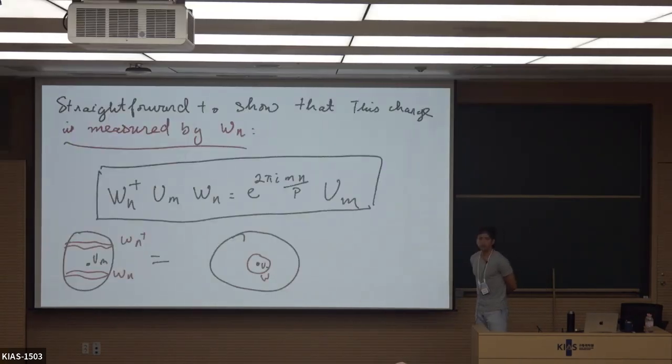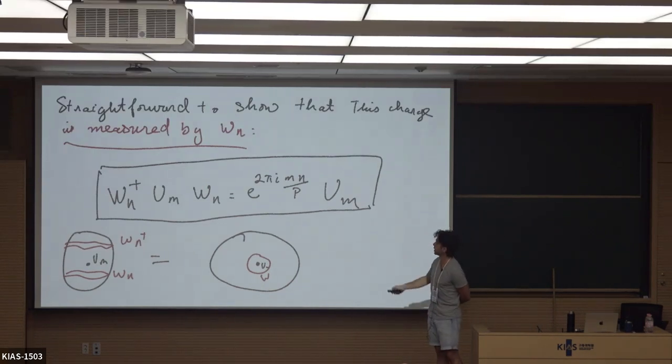Now, it's also pretty straightforward to show using the path integral that the Wilson lines measure this charge. So if I insert one of these U_m's and I try to place W and W dagger above and below, then you can see that this is like wrapping the charge. And wrapping the charge is what we do whenever we want to measure the charge.